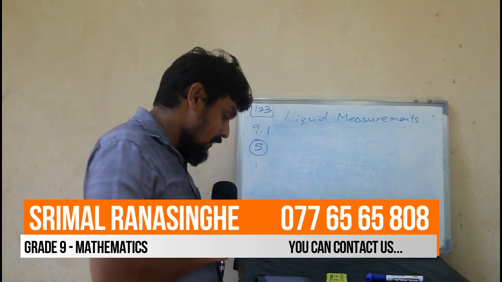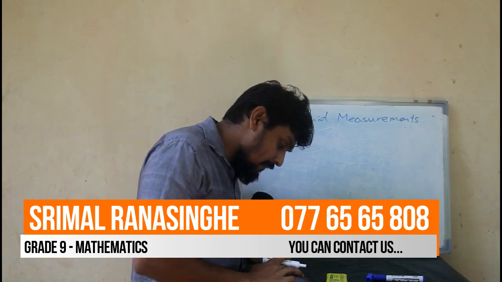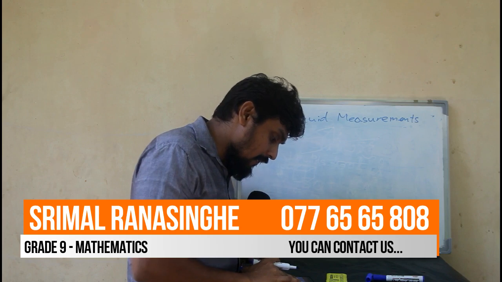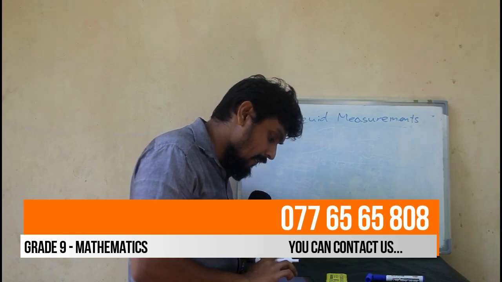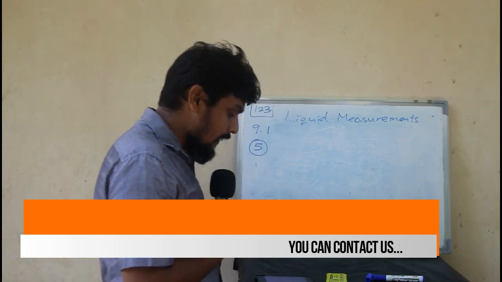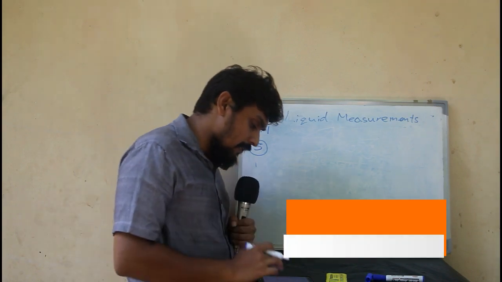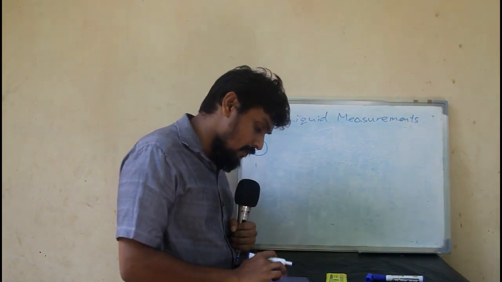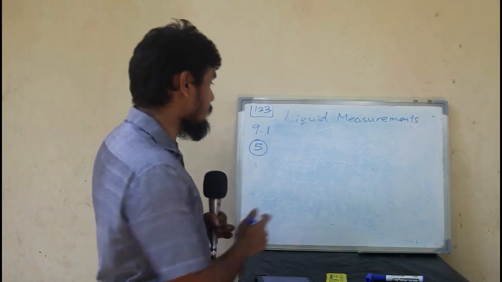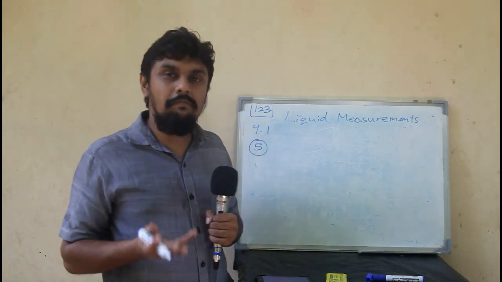Show that a barrel of capacity 15 liters can be filled completely by pouring water 15 times using a completely filled cube-shaped container of side length 10 centimeters. Very simple, no?